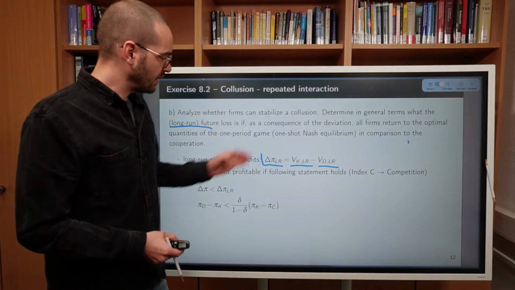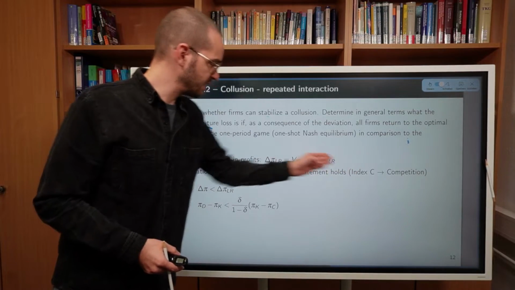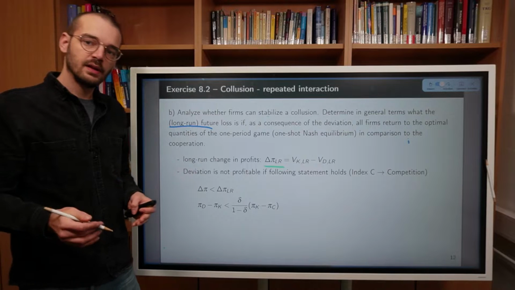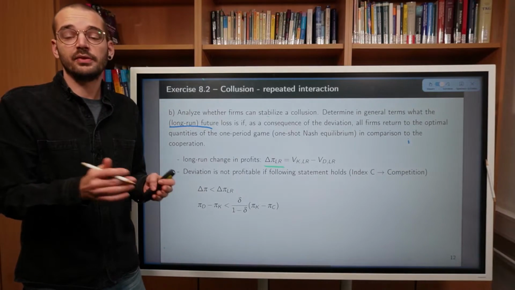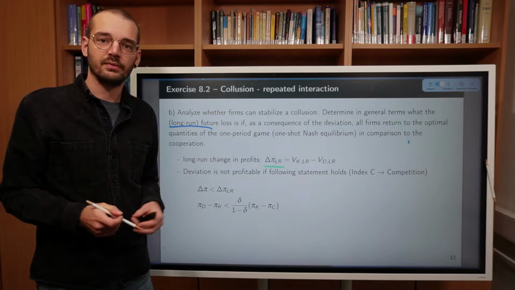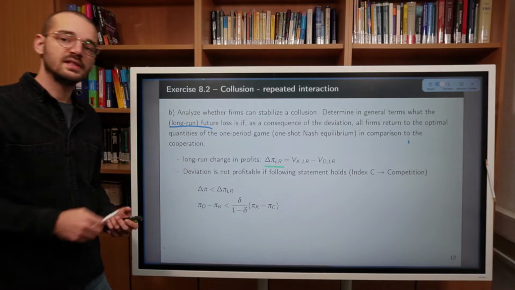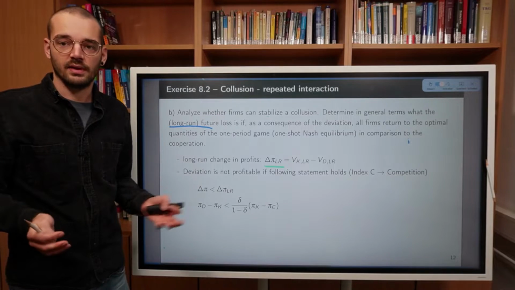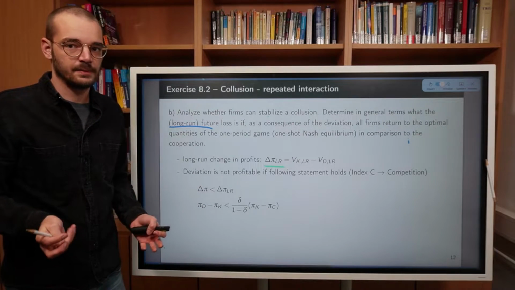All right, so now we have the difference, let's mark this one, the difference in profits in the long run if one firm deviates. And previously under task A, we have calculated the difference in the short run if one firm deviates.